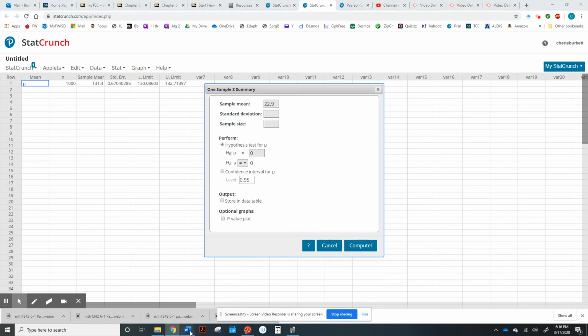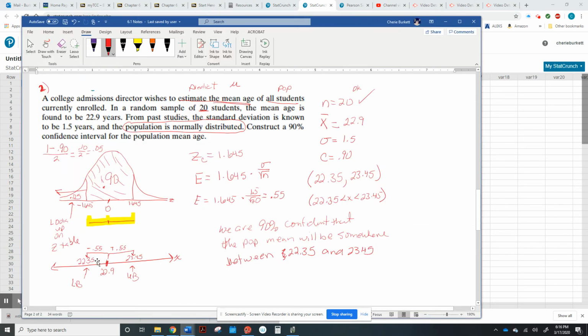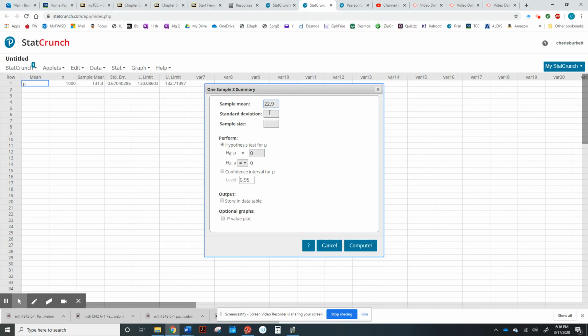This is the information that I'm putting in, 22.9. And the standard deviation was 1.5. And we know that we use the standard deviation for the population because we're using a Z summary.